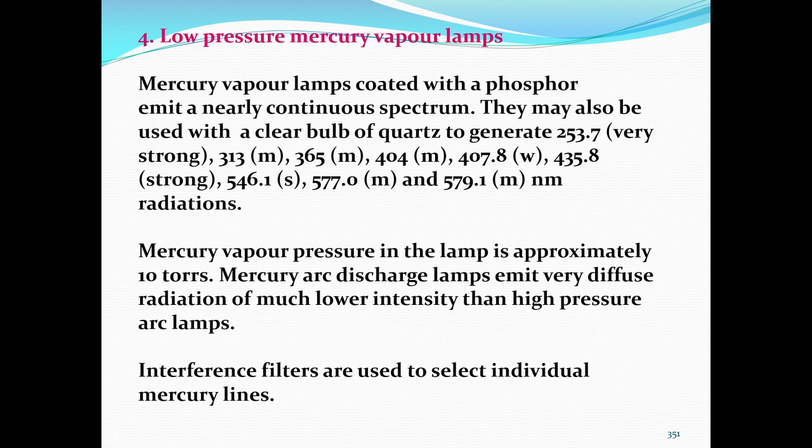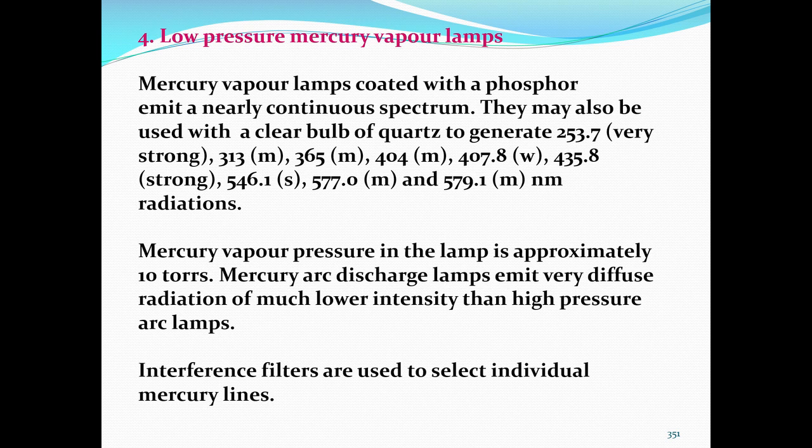A low pressure mercury vapor lamp is another one. This is not so good as a xenon lamp. The mercury vapor lamps you must have seen all over are coated with a phosphor that emits a nearly continuum spectrum, but they may also be used with a clear bulb of quartz.